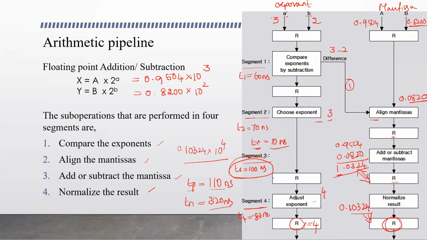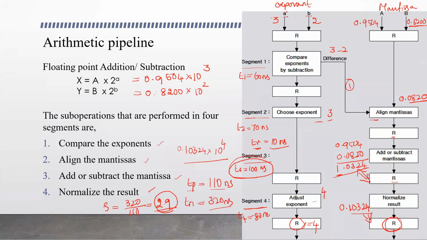The speed up ratio is Tn by Tp, right? The speed up S is 320 nanoseconds by 110 nanoseconds, which is 2.9. So what does this mean?